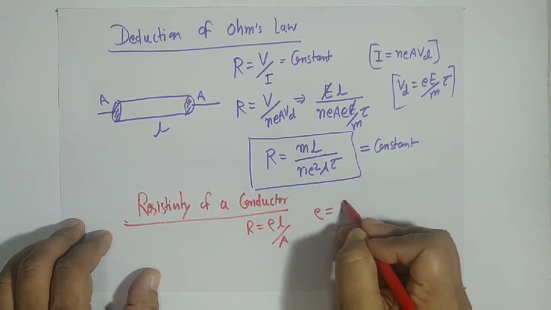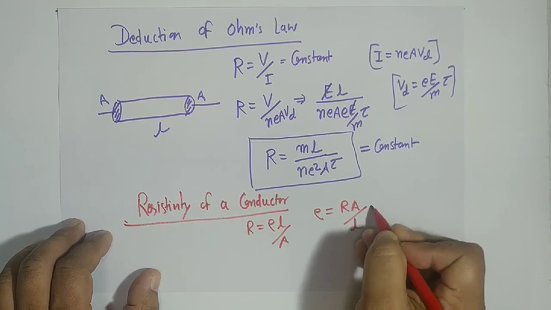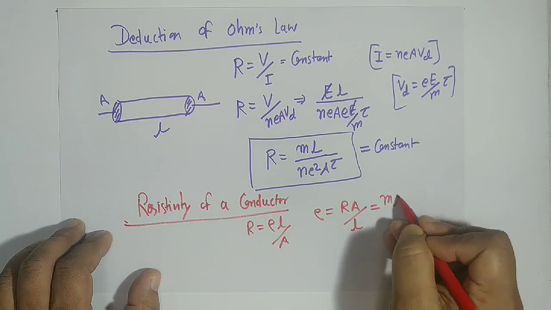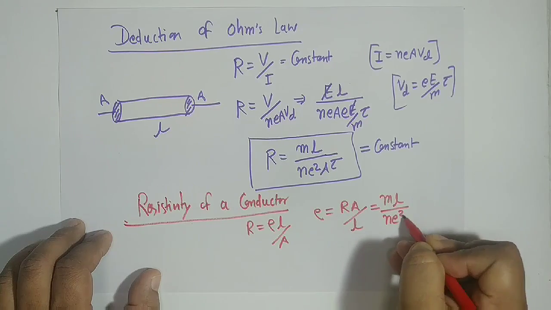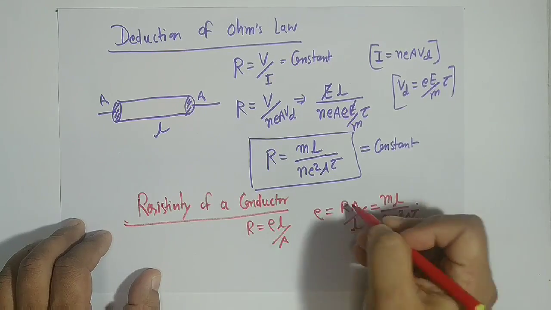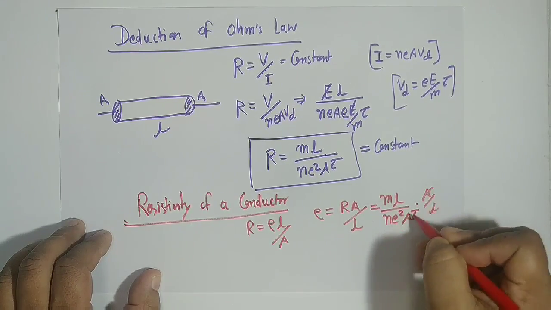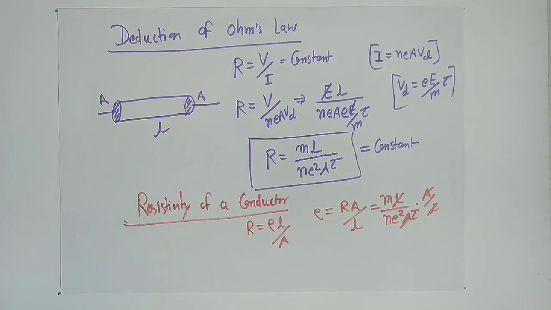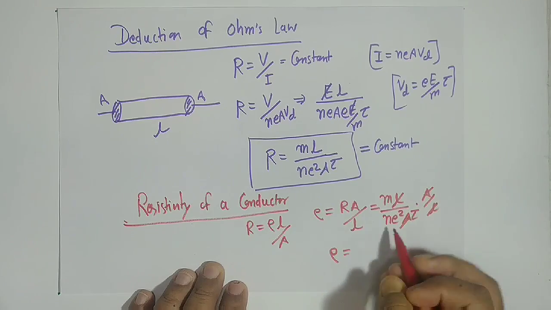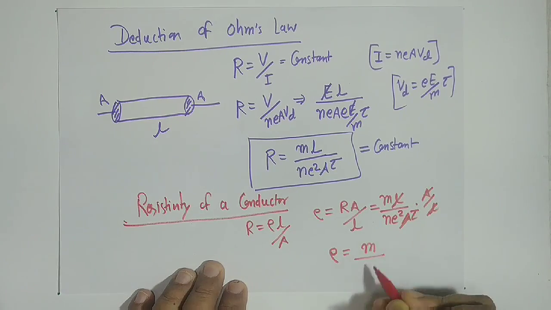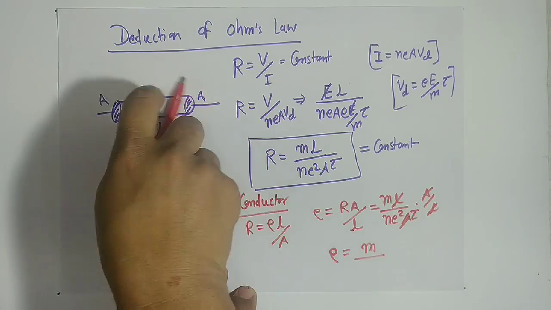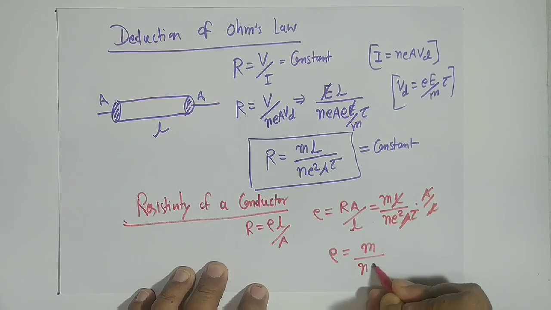RA by L. Now if I put the R value here, what is the R value? mL upon ne square A tau, and then it is A by L. A cancels out, L cancels out, and finally what we get is m upon ne square tau. So this is the relation.